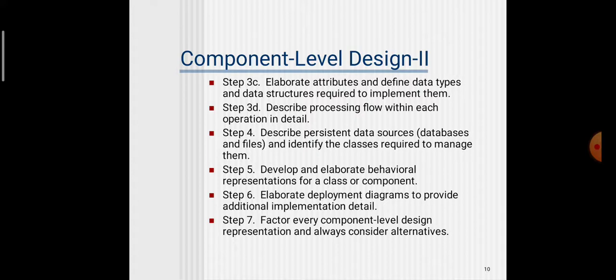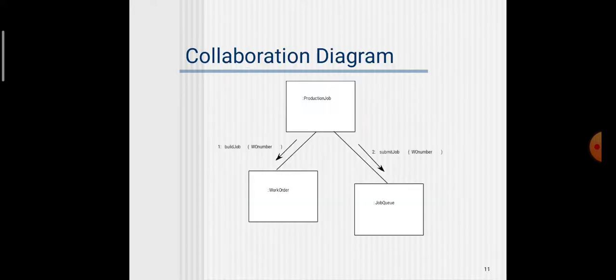At last we'll factor them, in the sense we will make them into small groups, small modules, and with these modules we'll see whether, if suppose a particular module fails, I should be able to substitute another module. Component model designing is substitutable. If one does not work, it can be substituted by another module and make sure that also works the same. So this is about the component level design.